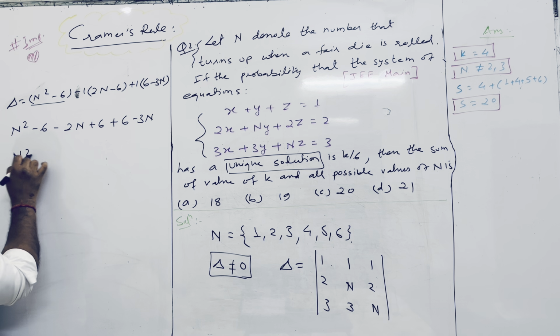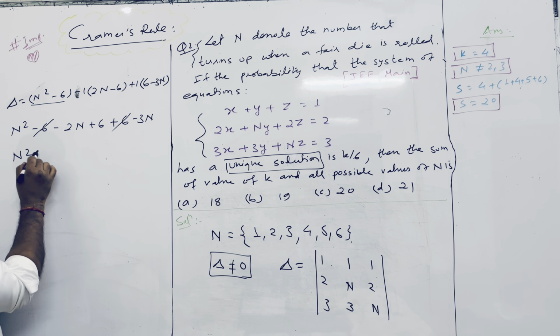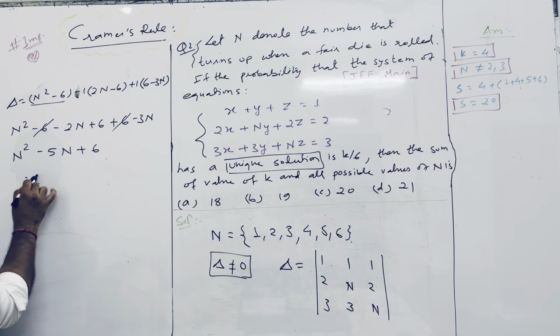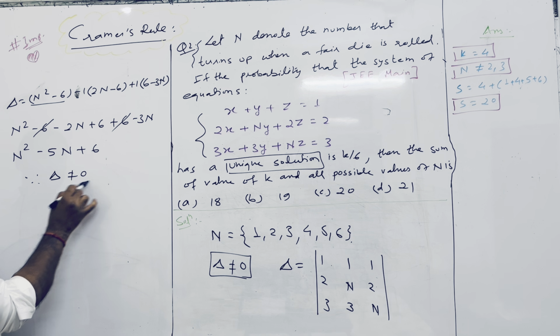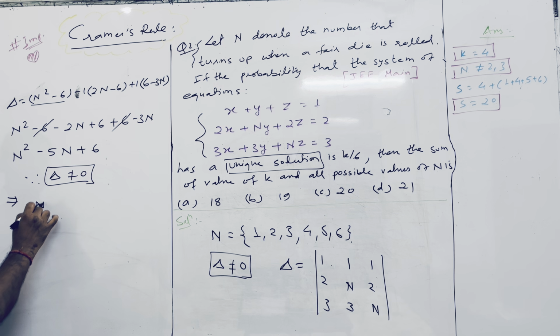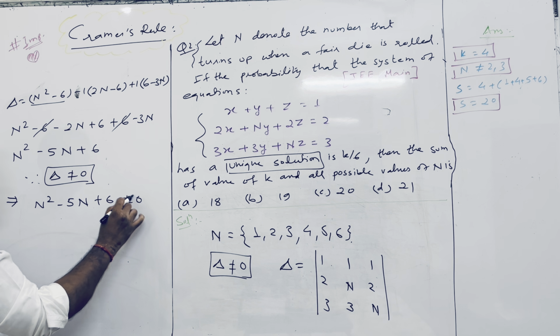So n square, and then plus 6 minus 6 will cancel each other out, then we'll get minus 5n and finally plus 6. Since del is not equal to 0 because the system has a unique solution, this expression n square minus 5n plus 6 is also not equal to 0.